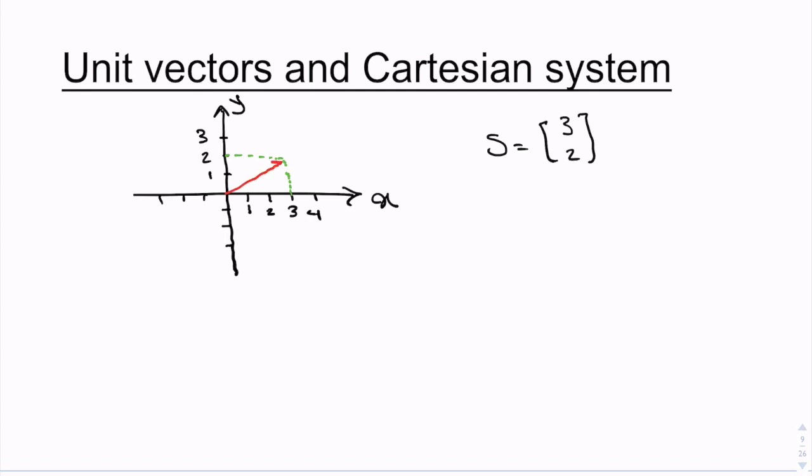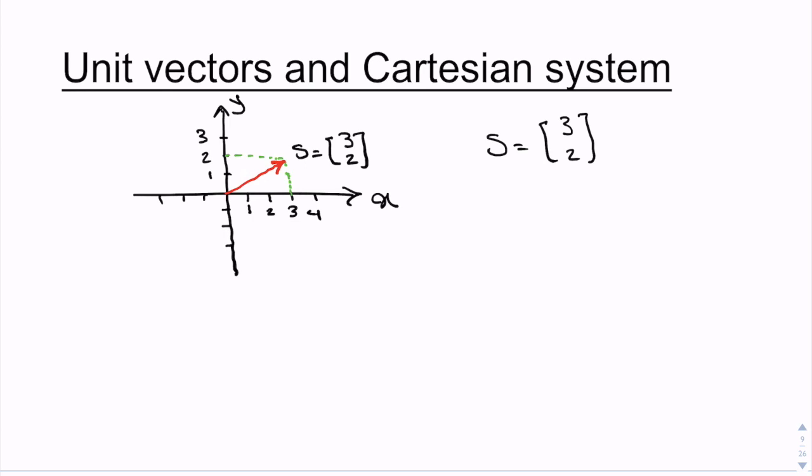That was way back in high school, how we showed a vector like this. So S is our vector, whose coordinates are 3 and 2, right?